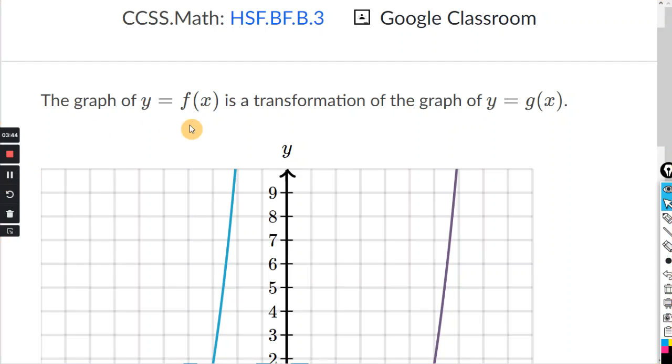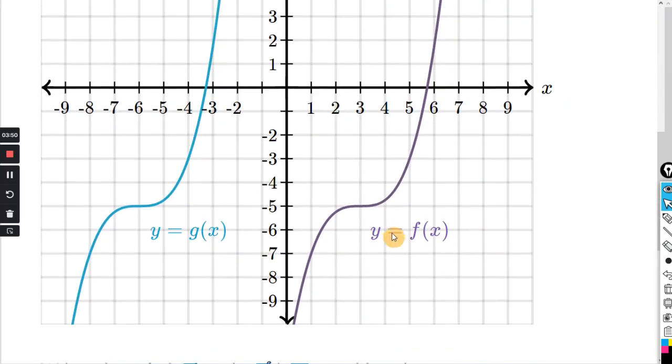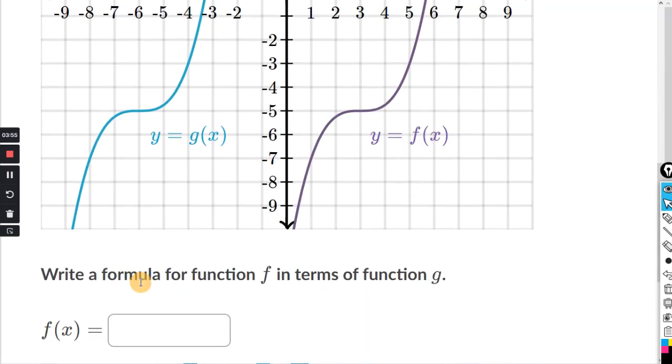The graph of y equals f of x is a transformation of the graph of y equals g of x. f of x is in purple, g of x is in blue. Write a formula for a function f in terms of the function g.